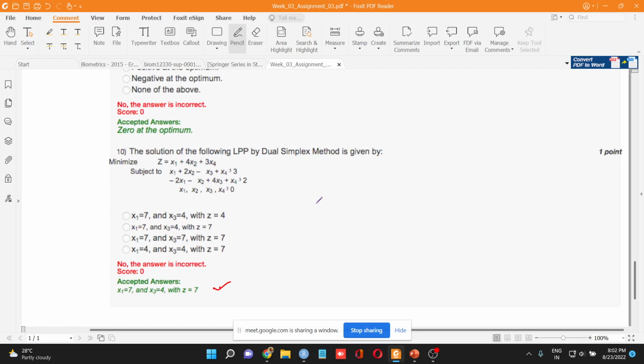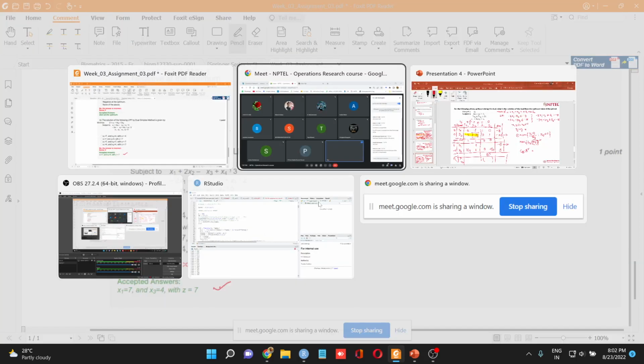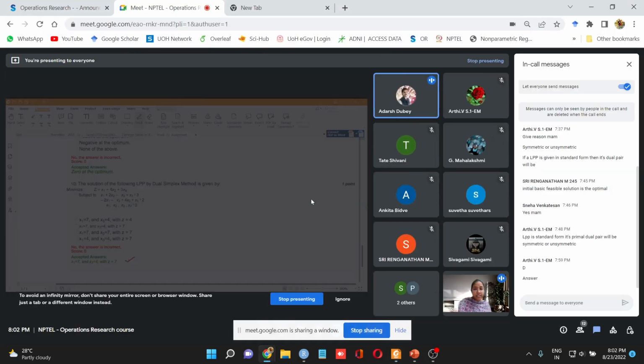One question is from an assignment provided by the course NPTEL. The question was that if the primal has an alternate optimal solution, then the dual will have, and there are four options. Alternate optimal solution means there are multiple solutions, right? If the primal has multiple solutions, then what can we say about the dual?